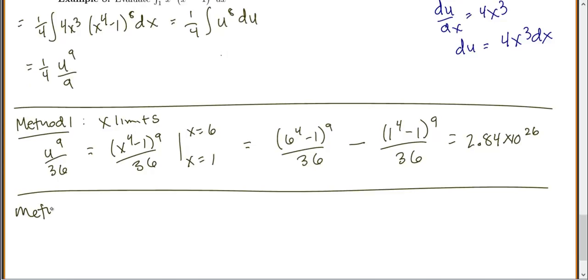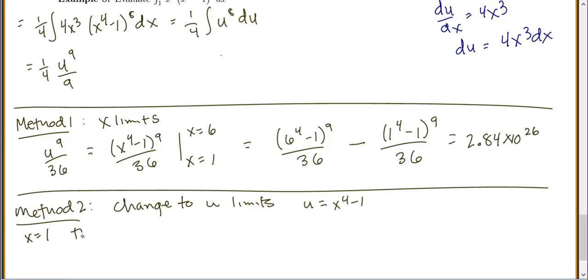Or method 2, we can change to u limits, where u equals x to the 4th minus 1. So if x equals 1, then u equals 1 to the 4th minus 1, which is 0.